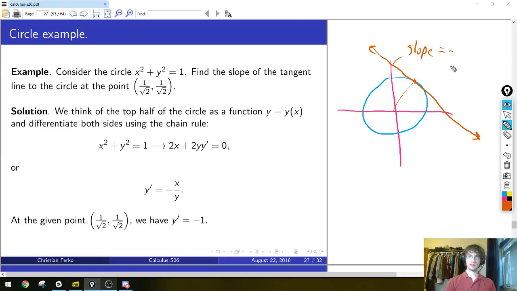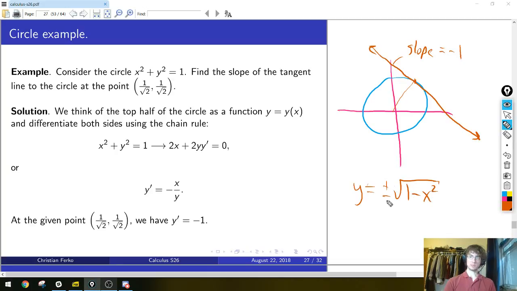That is actually not a function because it fails the vertical line test, but I can slice the graph and just take the top half of the circle, the top half of the semicircle, for instance, and then that would be a function. And what I would do is solve this equation for y. I would have y is plus or minus the square root of 1 minus x squared.